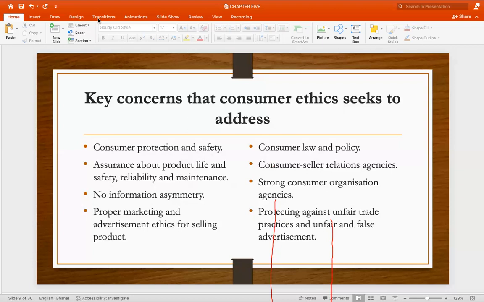That is information asymmetry, where the manufacturers or sellers know the expiry date, but the buyer is not in a position to know because of his or her position as a buyer. Is that clear? Yes, sir. So that is more of non-disclosure of full information.